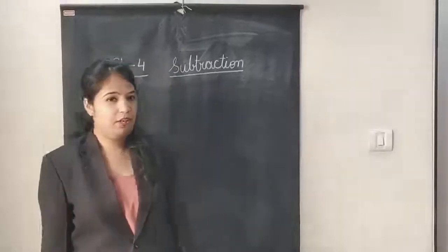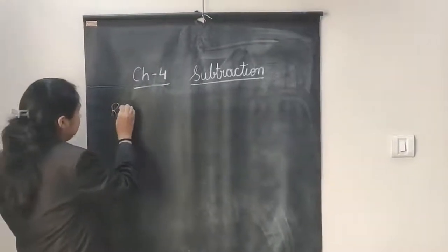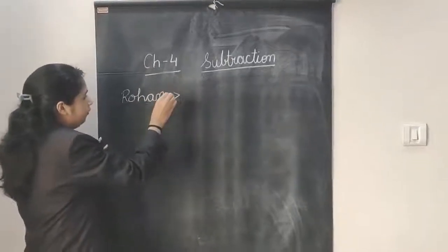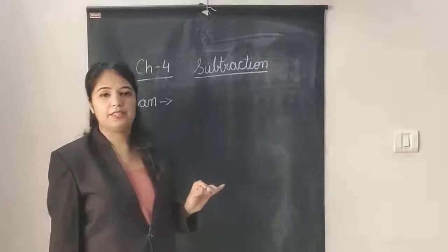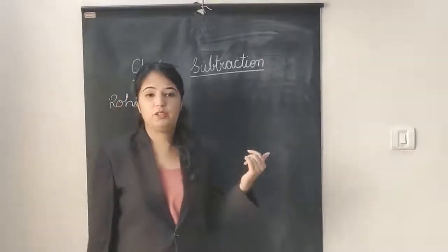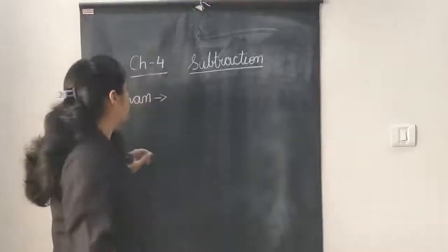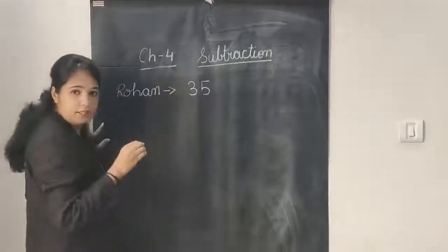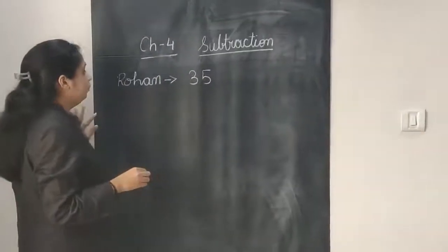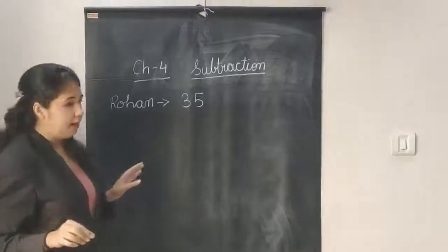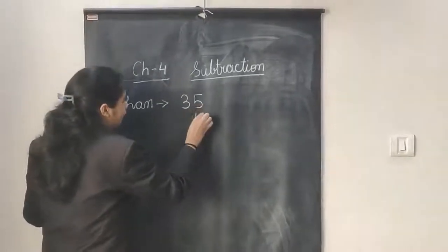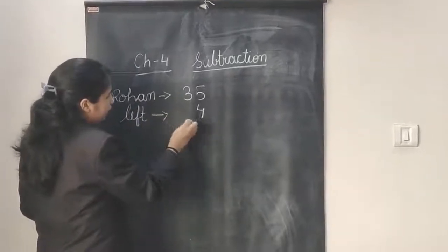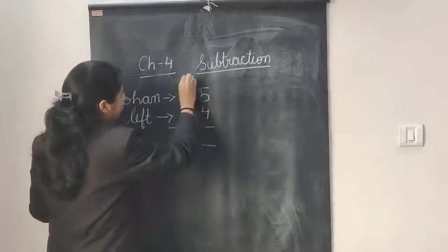Suppose there is one boy whose name is Rohan. Rohan is having a birthday. So he brought chocolates and candies to the class. How many candies did Rohan bring? He brought 35 candies, right? Now after distributing the candies in the class, the candies left with Rohan are 4, right?